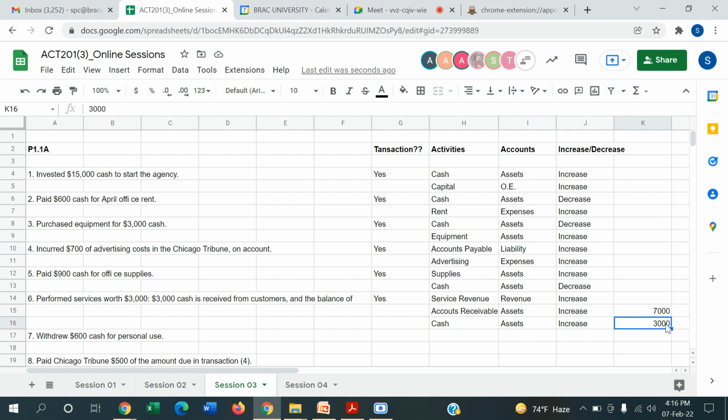Cash 3,000. What would be the other account? There should be at least two accounts. Yes, they help us to understand as well. So one is the cash account, and the other will be service revenue.